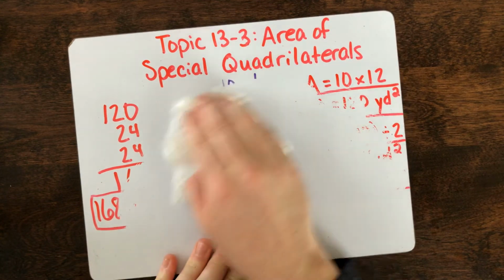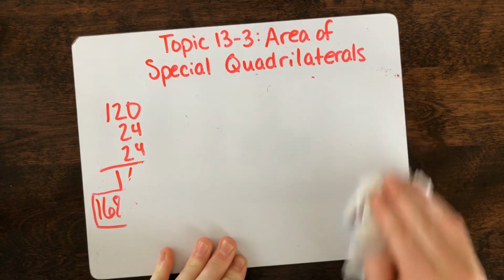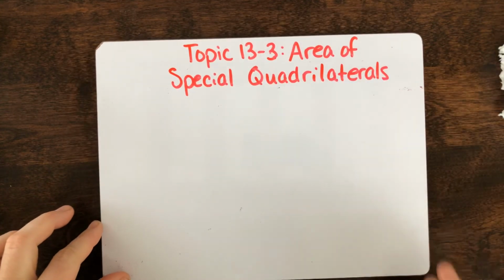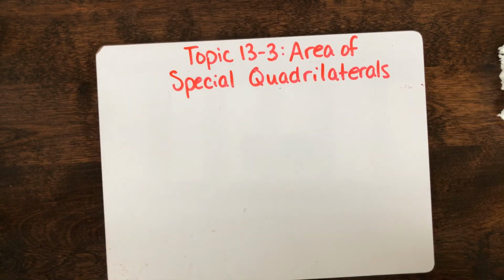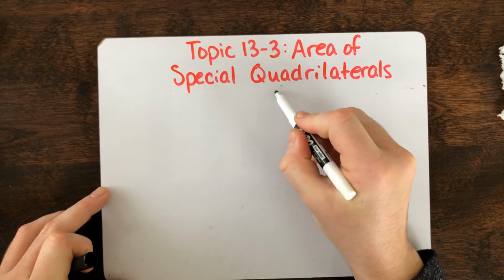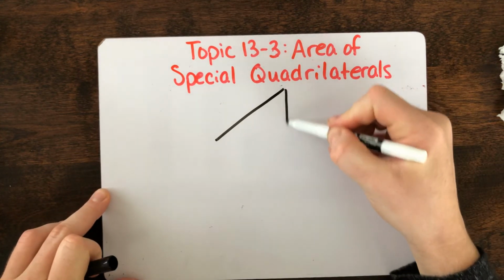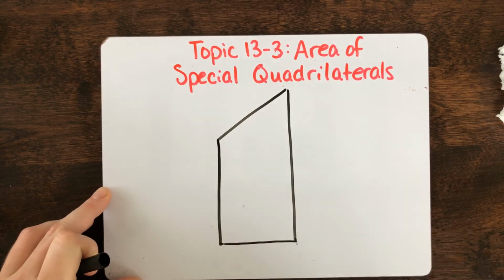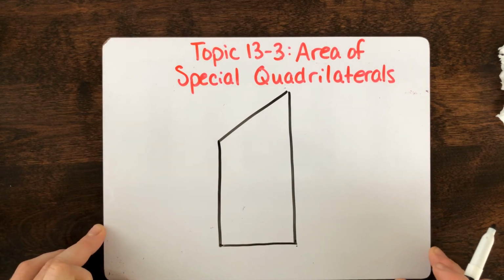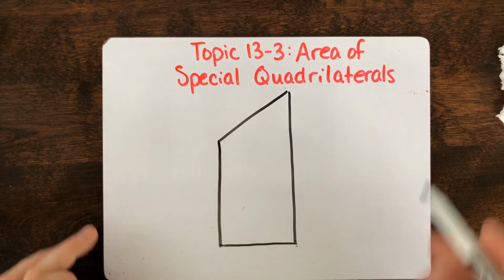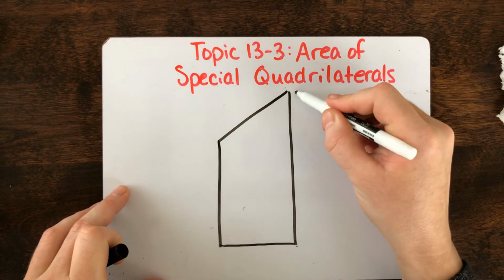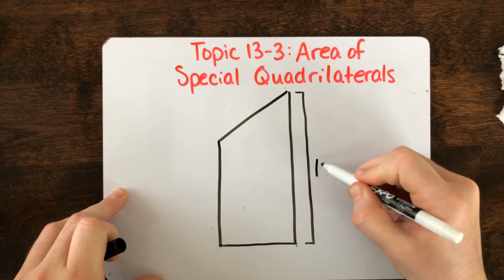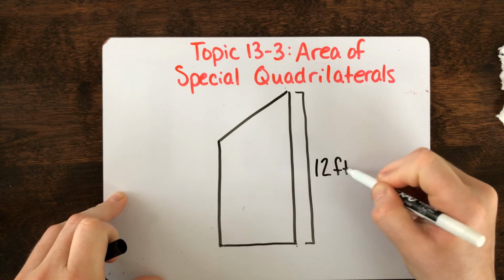So let's do one little example. All right, so let's look at a shape that looks like this. Okay, and we are given that this whole thing here, the height is 12 feet.